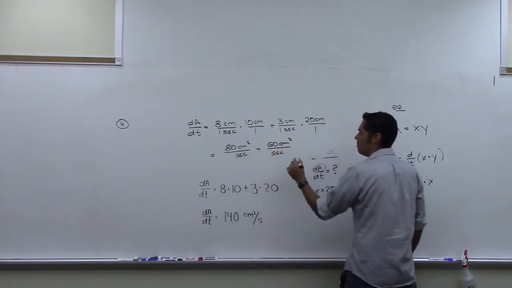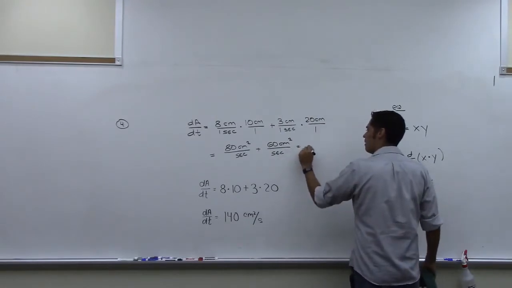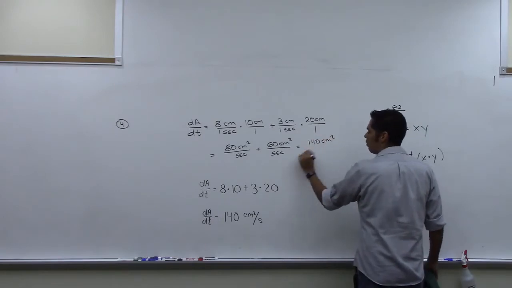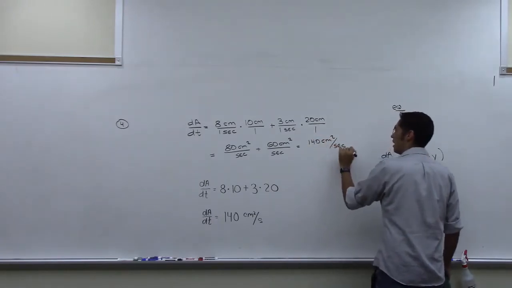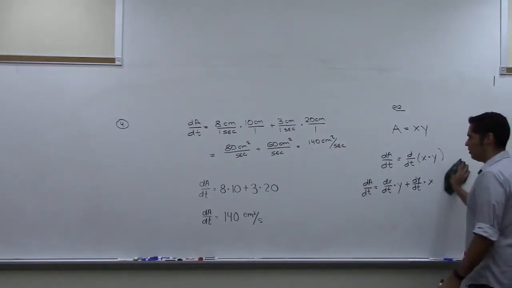These have the same denominator, so this becomes 140 centimeters squared over 1 second, or I can just say per second. So it's the same answer, but just a different way of doing it.